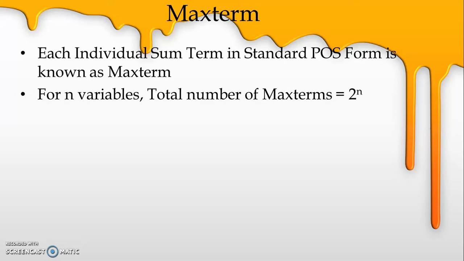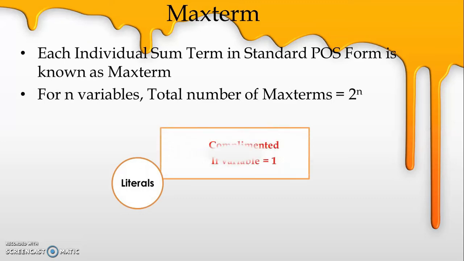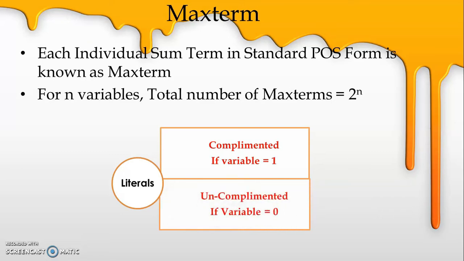In each sum term we have literals, but here it is different compared to minterms. In the case of a maxterm, literals will be complemented if the variable is 1, and uncomplemented if the variable is 0.